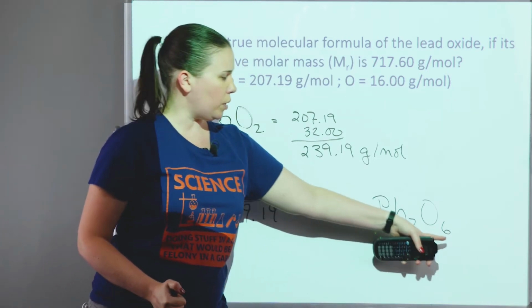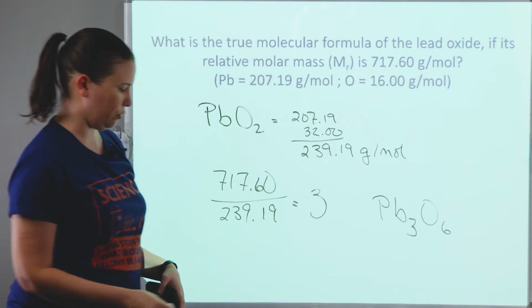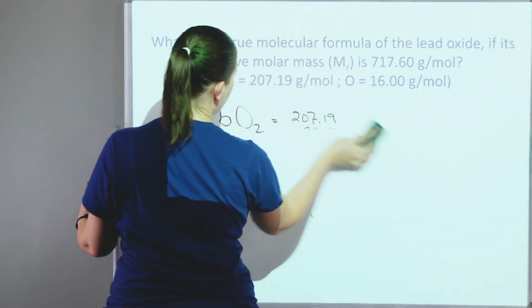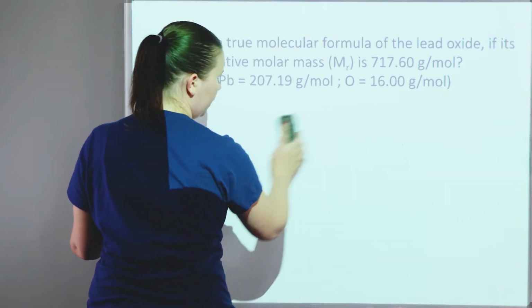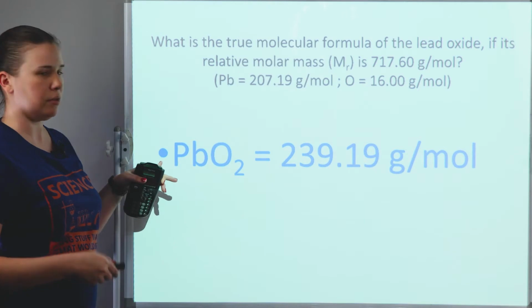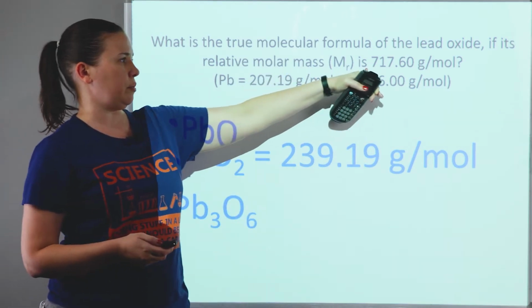Notice that it still has twice as many oxygens as lead, exactly what I showed in the empirical formula. So Pb3O6 is the final answer for our molecular formula, based on our multiplying factor compared to the empirical formula's molar mass in order to get the molar mass that's given.